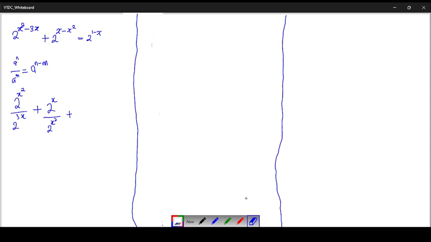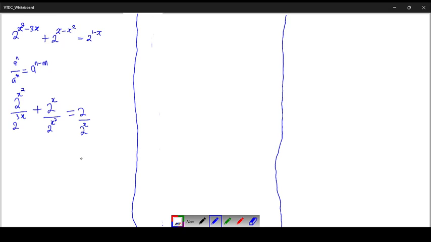That should be the equality sign now. Okay, back on track. So we have equal to 2 raised to the power of 1, then 2 raised to the power of x.